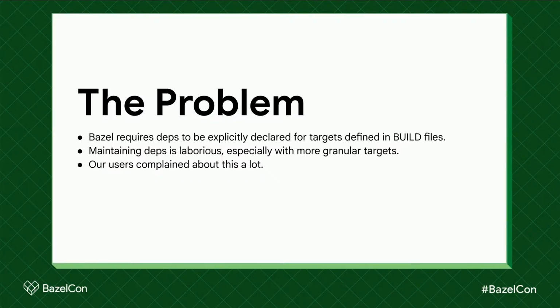When you do that, it allows Bazel to be very explicit about what actions are being run, the purity of the functions that are being applied, and that gives you cacheability, parallelism, and all these other benefits. But our users find this to be laborious. They complain about this a lot in our user surveys. And my team was charged to do something about it.